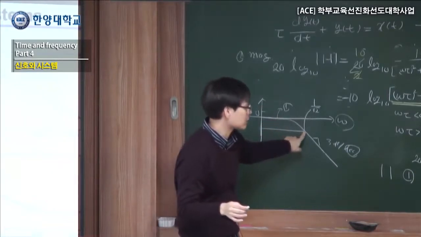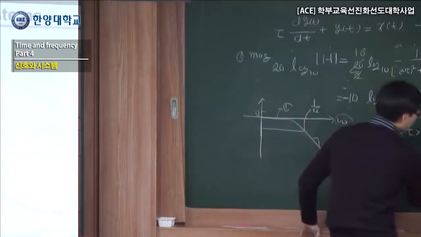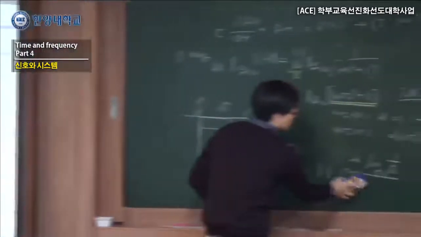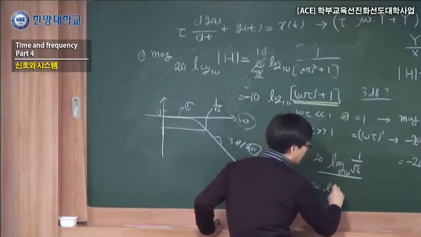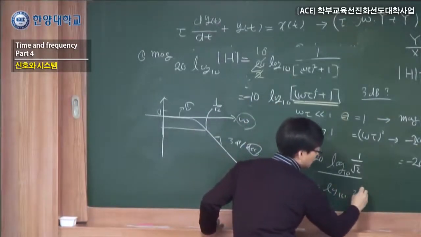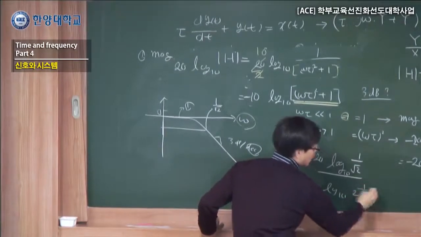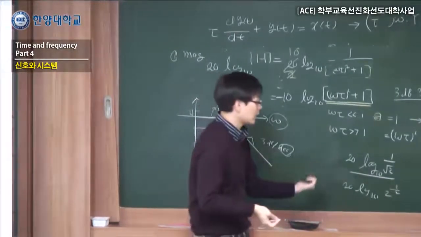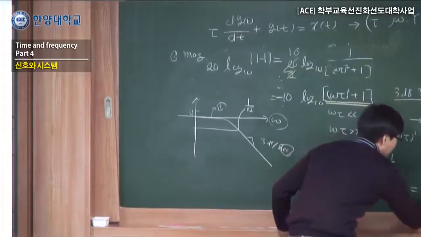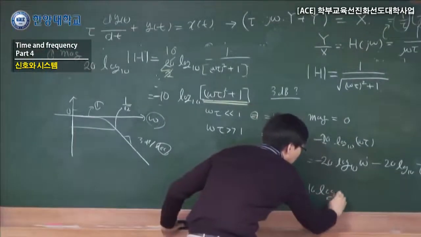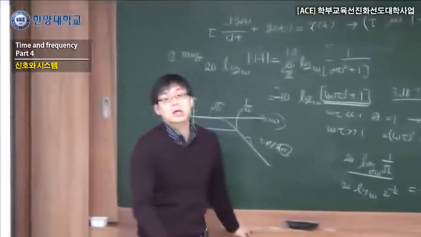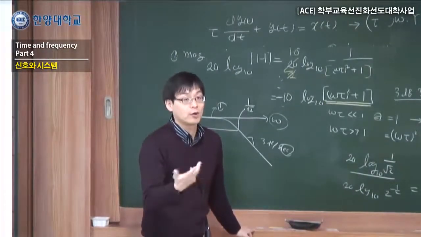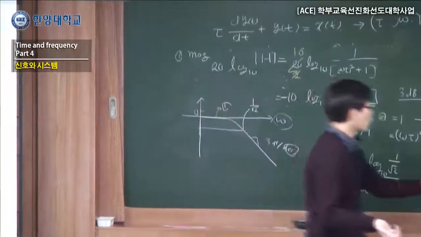We only care about this part. Likewise, as we did before, 20 log 10 root 2, and they will be given like this. If you take that out, there will be minus 10 log 2, which, if you calculate, is roughly 3.01. That's the reason we talk about 3 dB.